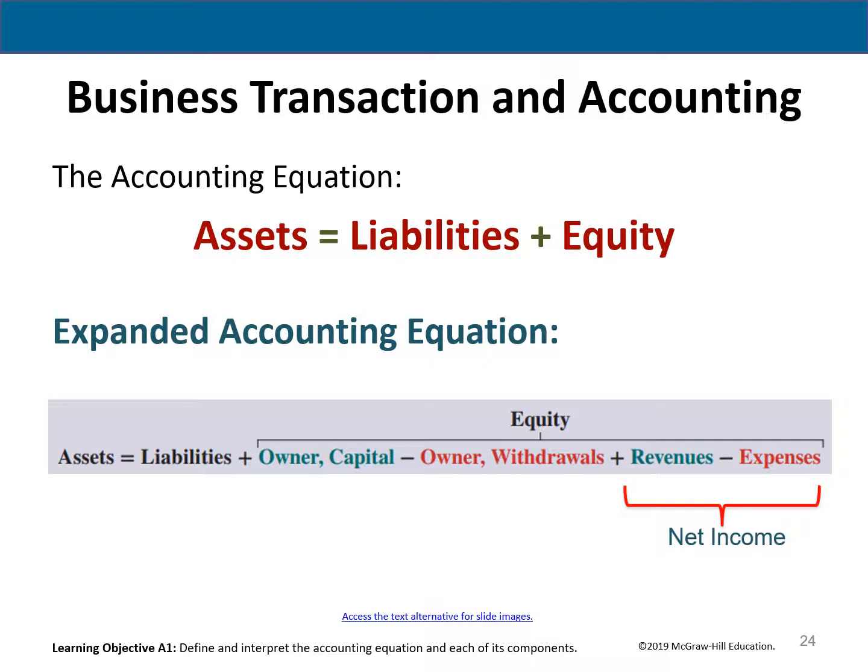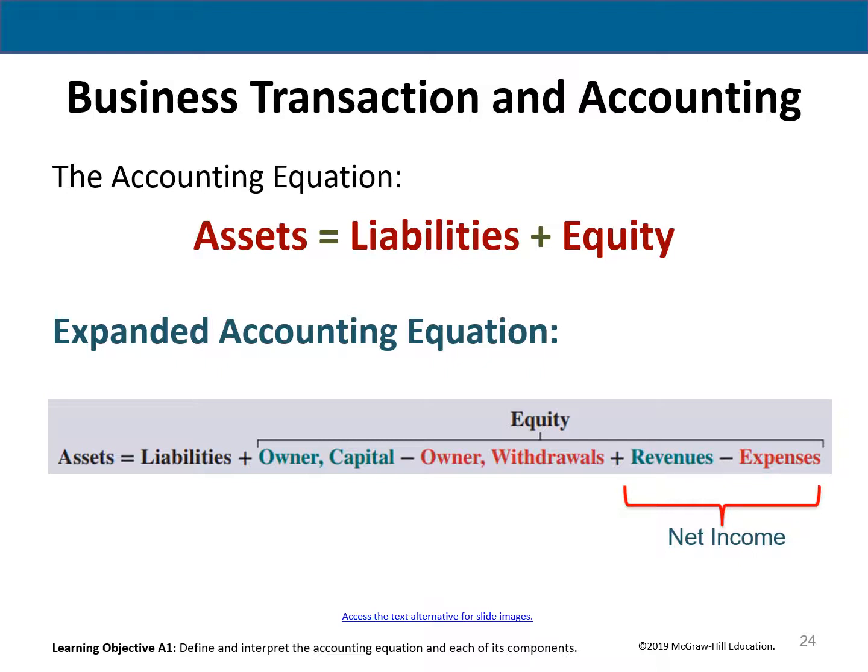Then we have equity, and there's four major parts of equity. The first is owner capital. What do we keep track of in here for now? We keep track of all amounts the owner invests in the company or gives to the company. Because remember, an owner has to take their personal money to start the company, or their personal assets that they own, put them into the business and start the business.